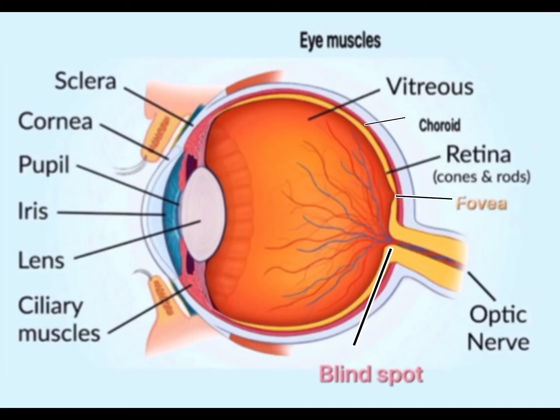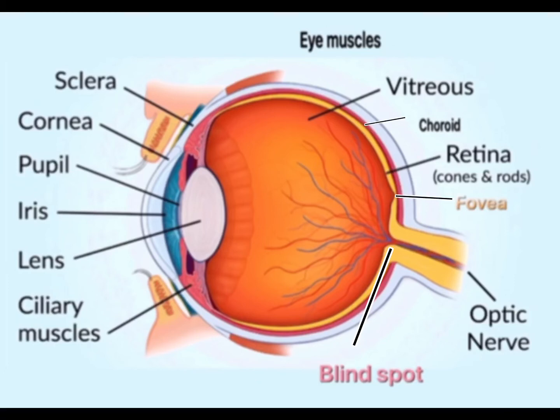Okay, then you can see a lens. This is a biconvex lens. It has the ability to change its curvature. I talked about the curvature previously. Then let's talk about the pupil. The pupil is the hole situated at the center of the iris, and it allows light to enter and pass through the lens.